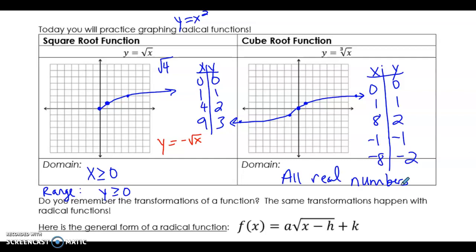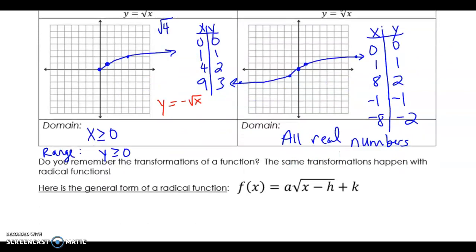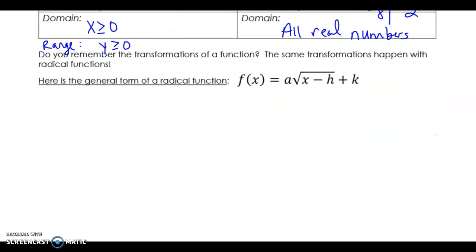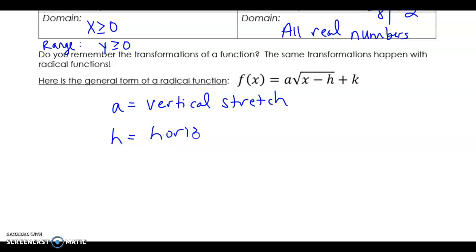All right, so now what we're going to do is use those transformations that we've been doing with all of our other graphs. So here's the general form of the radical function. A, that's your vertical stretch or shrink. Also, if that number is negative, remember, it'll flip upside down. H, that's going to be your horizontal translation.